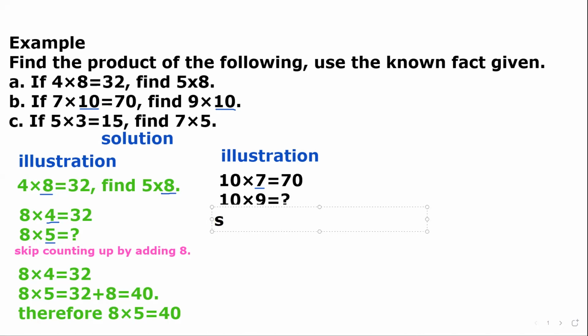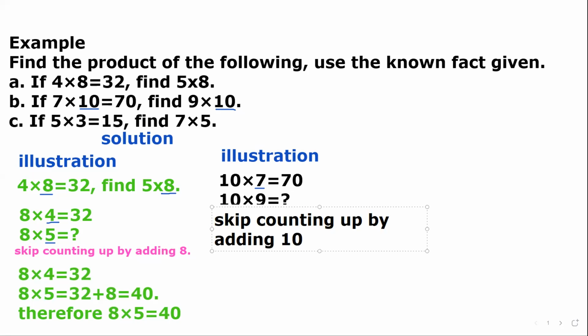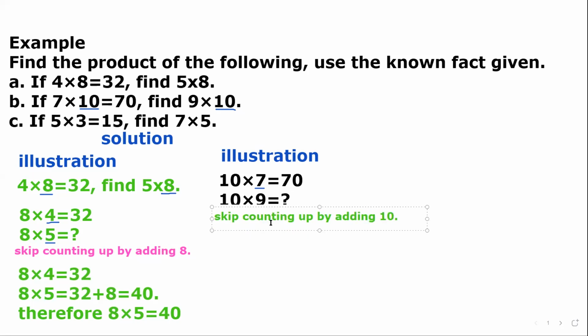That will be skip counting up by adding the multiplier, which is the 10. Now you start your operations.